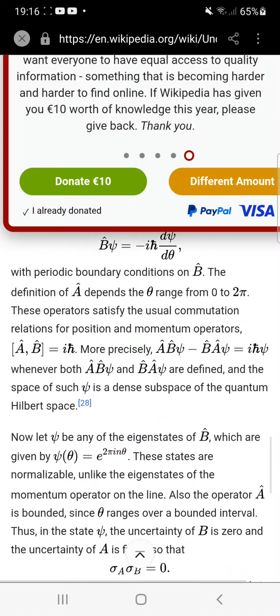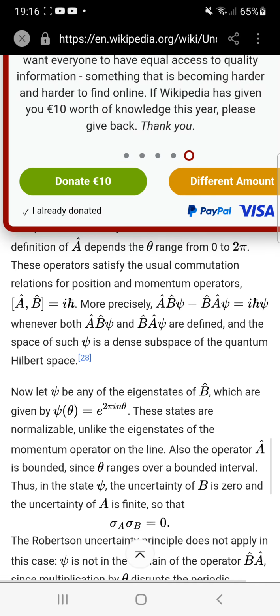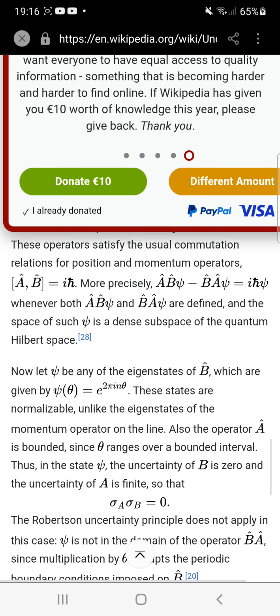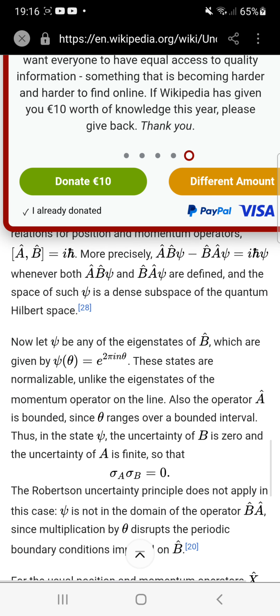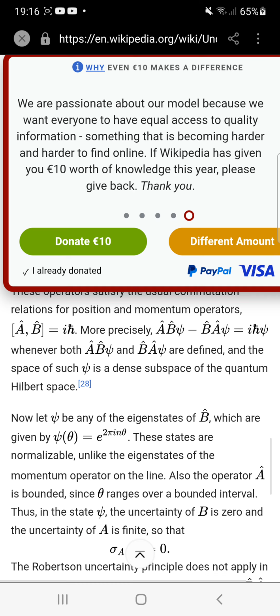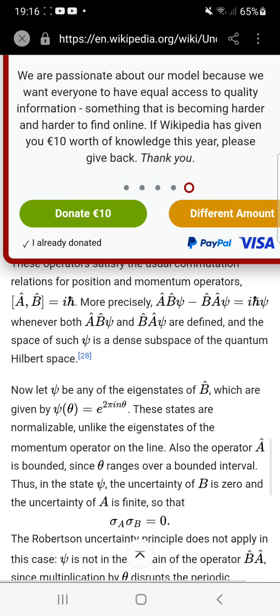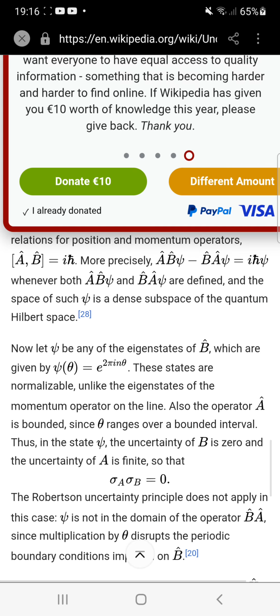The definition of a hat depends on the theta range from 0 to 2 pi. These operators satisfy the usual commutation relations for position and momentum operators, a hat b hat equals i h. More precisely, a hat b hat g minus b hat a hat g equals i h g whenever both a hat b hat g and b hat a hat g are defined in the space of such g, the dense subspace of a quantum Hilbert space.